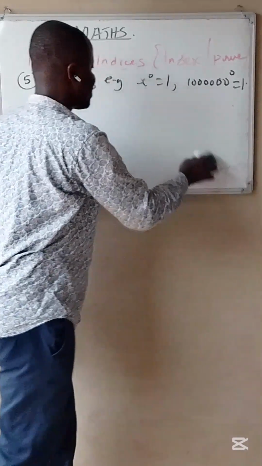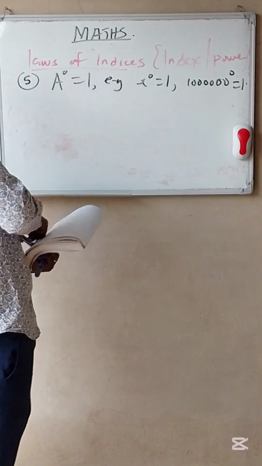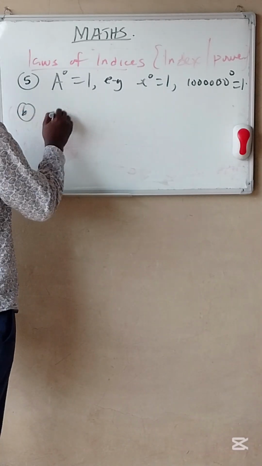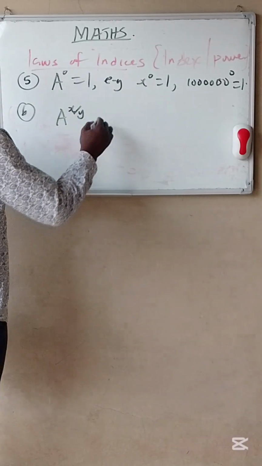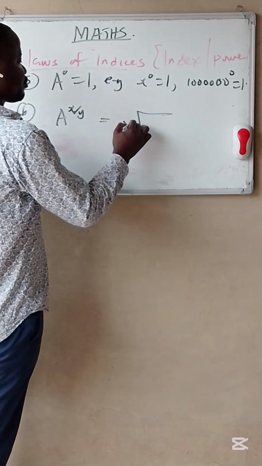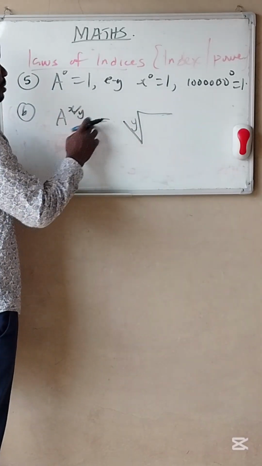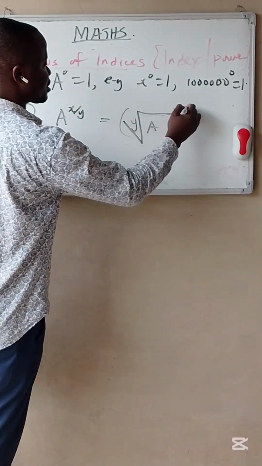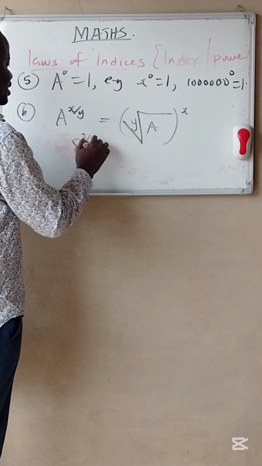Now, the sixth law of indices. Let's say you have a raised to power x over y, the fractional law. What you need to do is write the y-th root of a, where the denominator of the fractional power goes inside the root sign, then you have a inside, then x as the power. So let's say we have 8 raised to power 2 over 3.